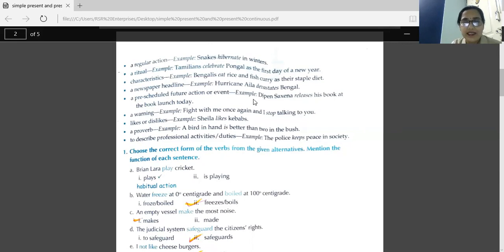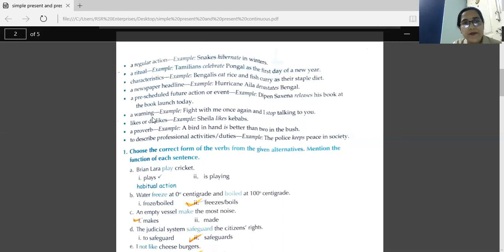That will happen at some future time, but it's a planned or scheduled action. There we can use simple present tense. So we have releases here. Releases shows the sentence is in simple present tense. Why? Because release, we are taking first form of verb here. Okay.